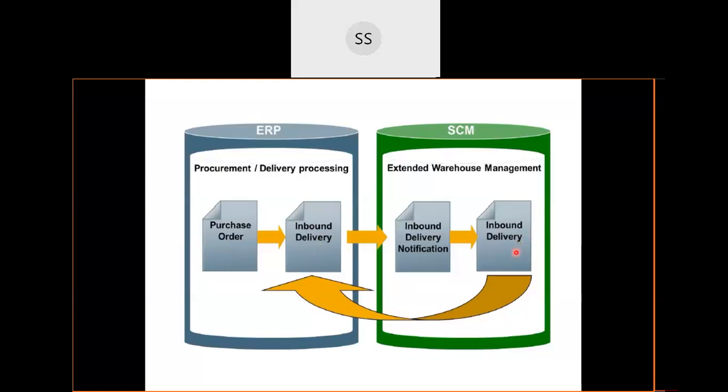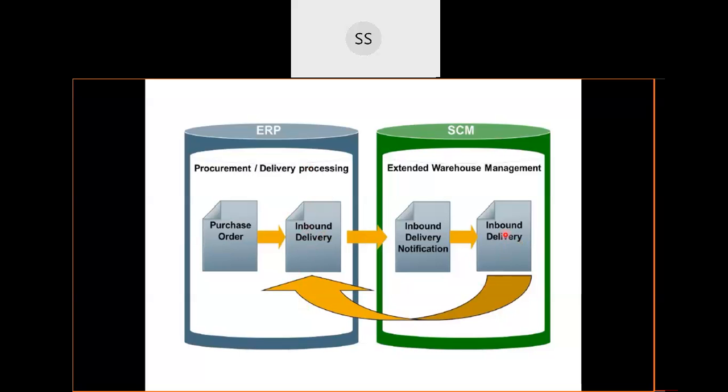Once you have posted goods receipt in EWM for your inbound delivery, you will create the putaway warehouse task. You will do packing, unpacking, unloading, and you might perform quality inspection or value-added services, and then you do putaway. Once you do all these activities, at the time of final putaway into the bin, the system again sends an update message to the S4HANA logistics or ERP side, if there is something to be updated.